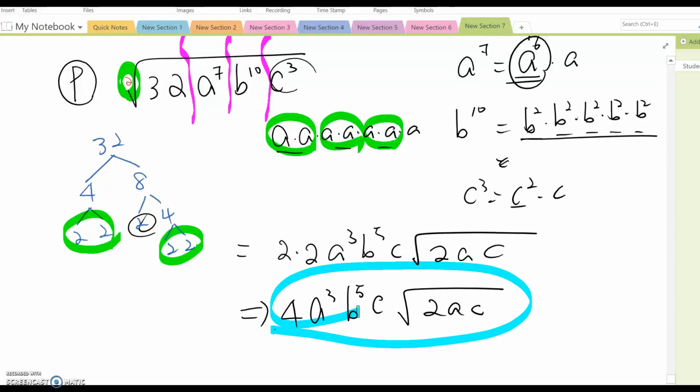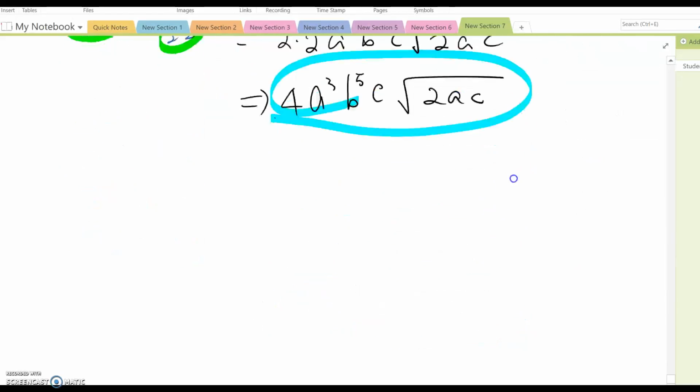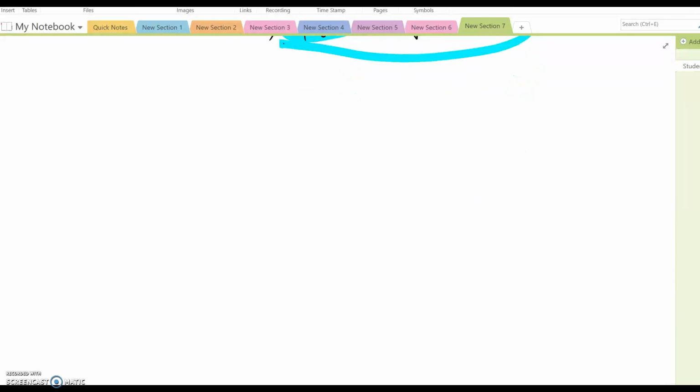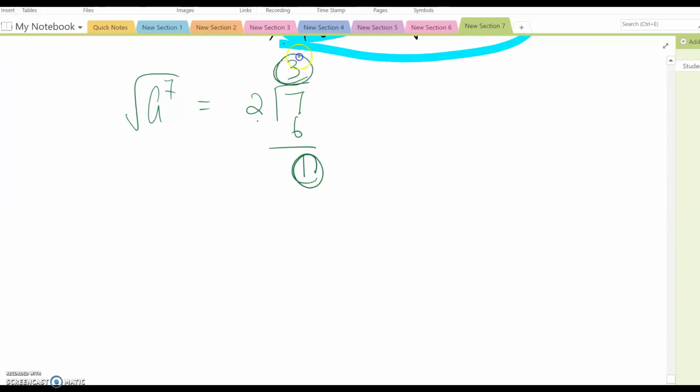Now I will just tell you, because the exponent is pretty big here, we can use the division rule. Like a to the 7th here, you can divide 7 by 2, then 2 goes into 7 3 times, with 1 left over, which means a 3 power comes out and 1 is left.